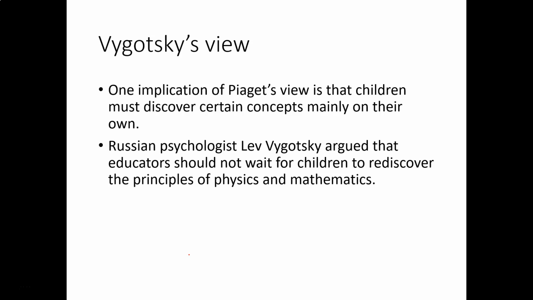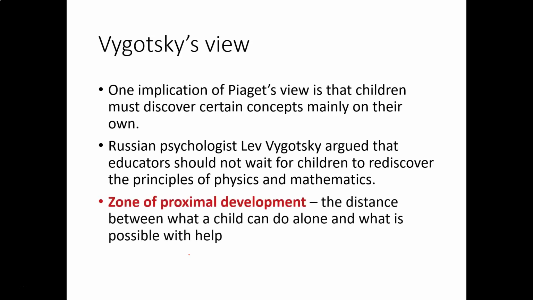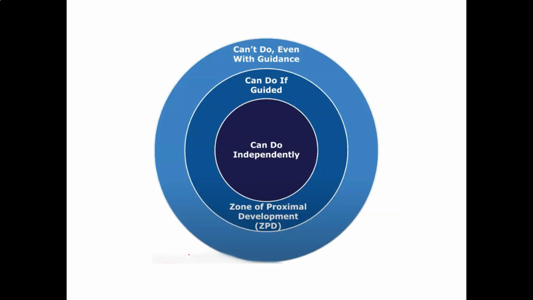And so he came up with this idea called zone of proximal development. Zone of proximal development represents the distance between what a child can do on their own and what a child can do with some help and guidance. To visually illustrate the zone of proximal development, here's a chart. The center circle represents something a child can do independently.